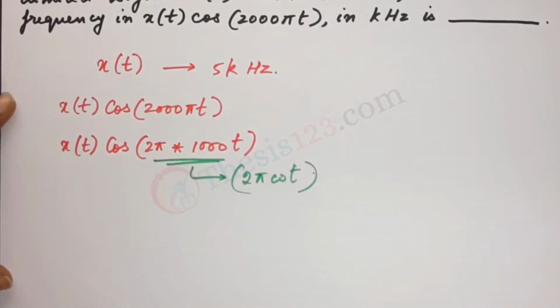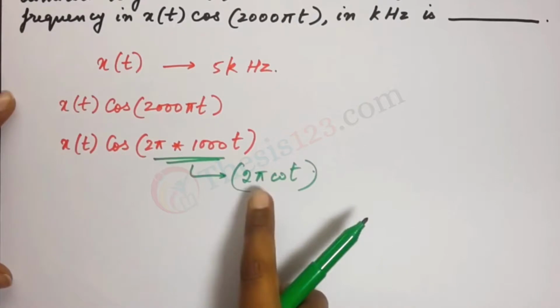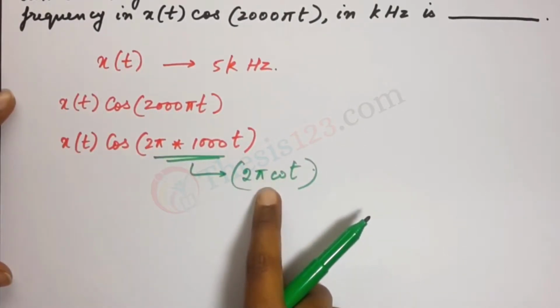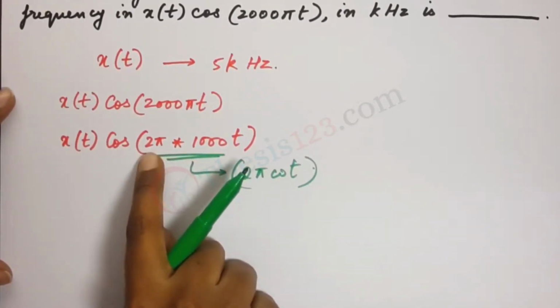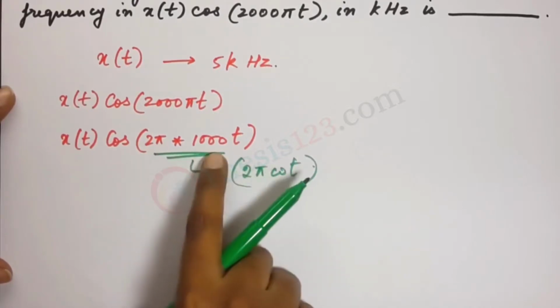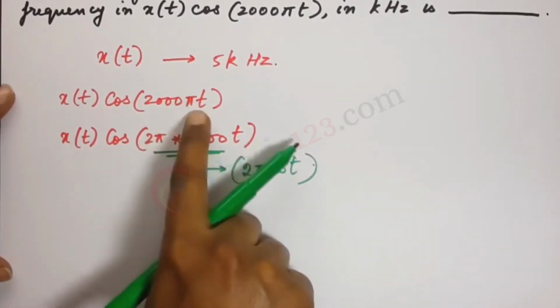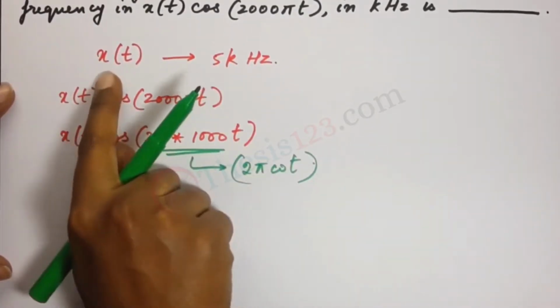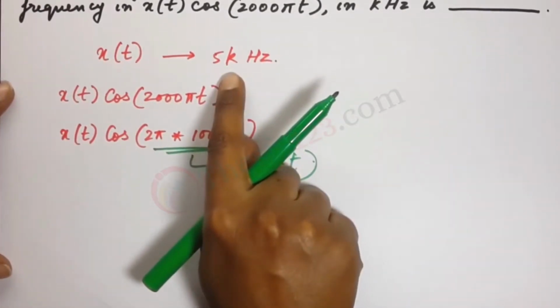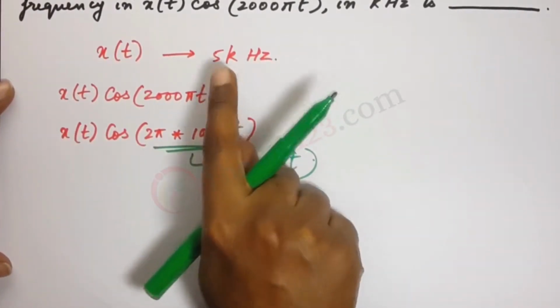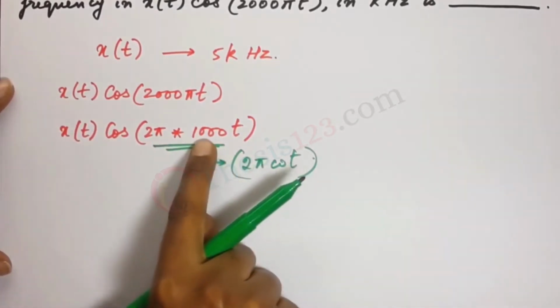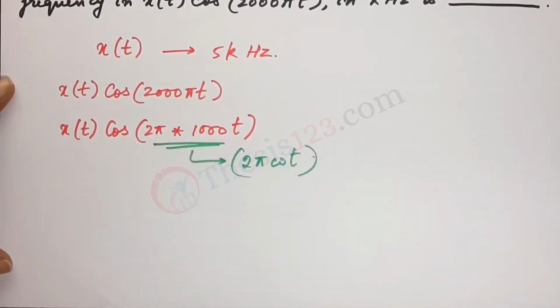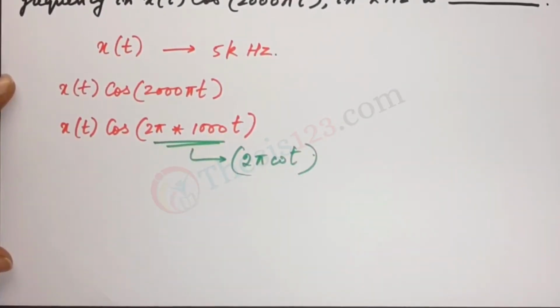For any trigonometric function, this is the usual notation. So in using this notation, if we split it, we get it in terms of 2 pi into 1000. So 2 pi into 1000 is 2000 pi t. So if x of t, the maximum frequency is 5 kilohertz, for this we will have to add the 1000 or the 1k.